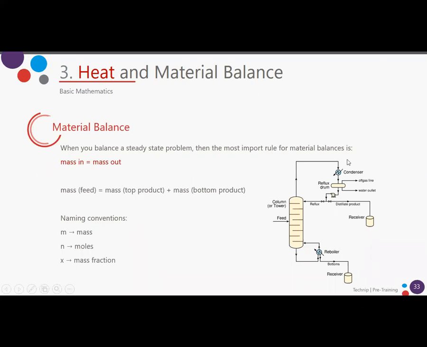So when we look at a conventional column, we can assume that the mass of the feed into the column is equal to the mass of the top product plus the mass of the bottom product. Our naming conventions will be M for mass, N for mole, X for mass fractions, and the last one, Y for mole fractions.